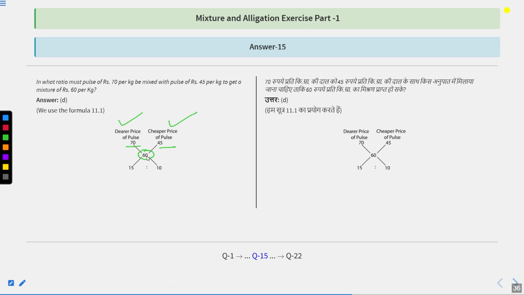Dearer is more than the average and cheaper is less than the average. So when we calculate the ratio, we get 15 ratio 10. When we solve it, we get ratio 3 ratio 2. So 3 kg of 70 rupees per kg pulse and 2 kg of 45 rupees per kg pulse we can take. Then our average price will become 60 rupees per kg. D is the correct answer.